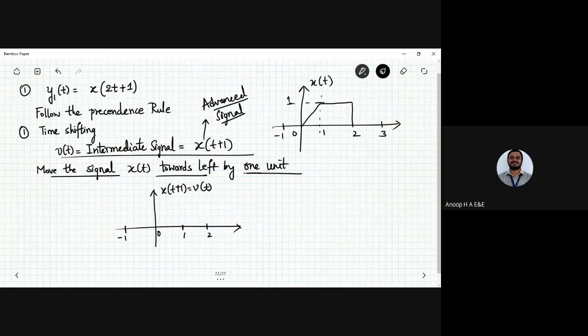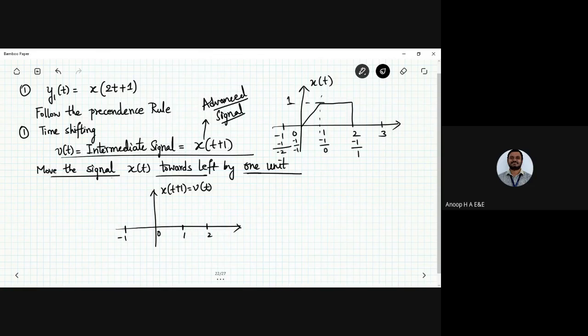So I need to move the signal like this. What it represents is I need to add -1 to the time axis. So this is -2, this is again -1, this is 0, this is 1.